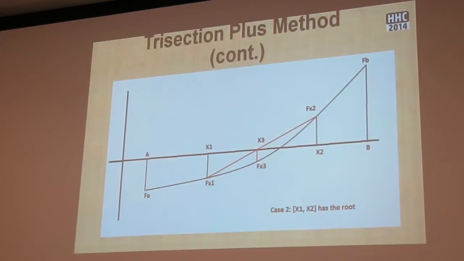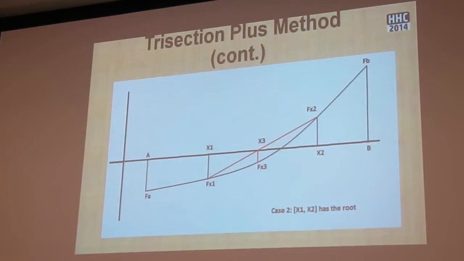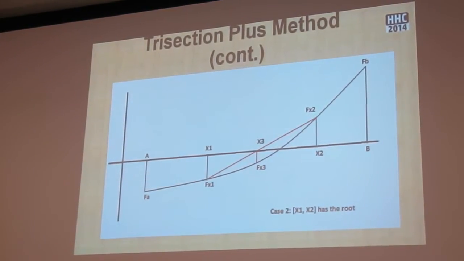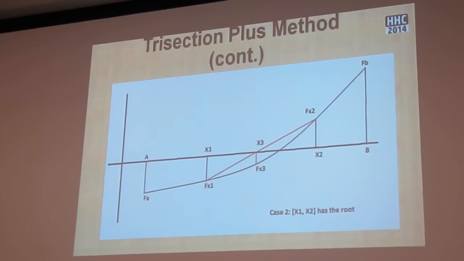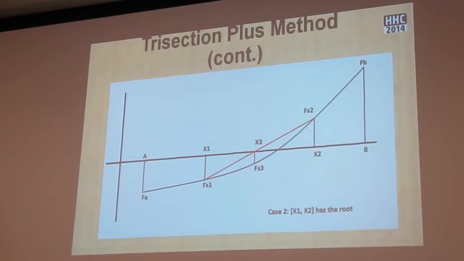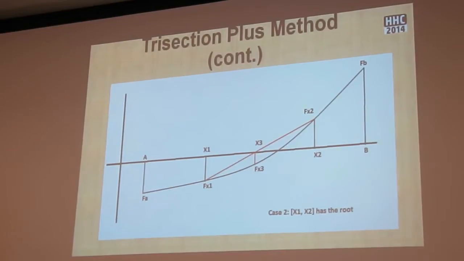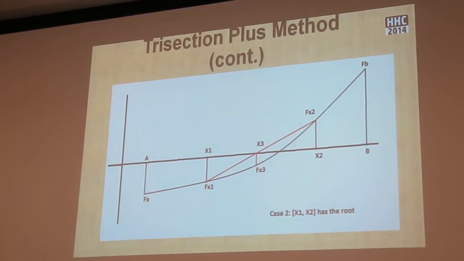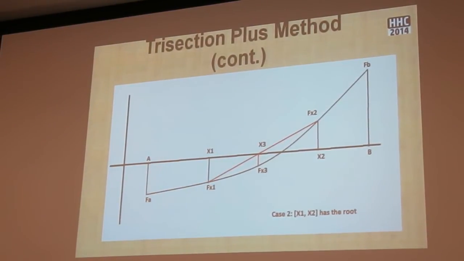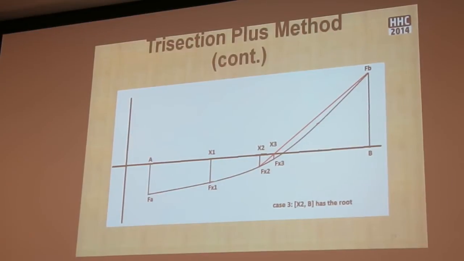I'm trying to picture it in my mind. x1 to x3. Yeah. Thank you. That's right. Then fx1 and fx3 have the opposite sign. Then it's x1, x3. Thank you.